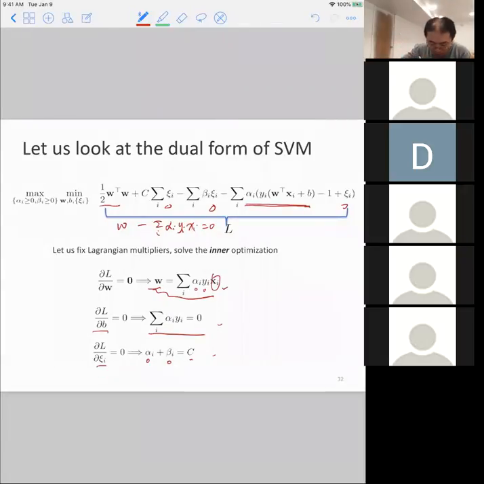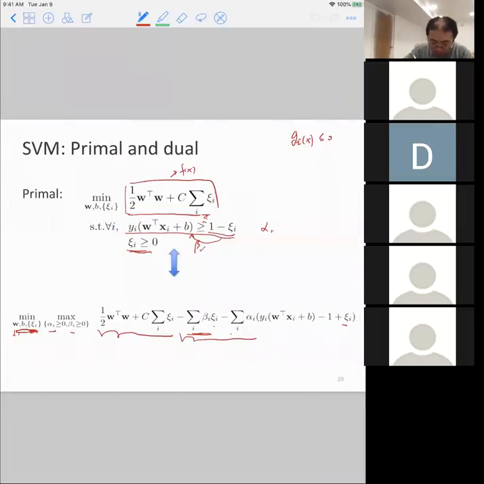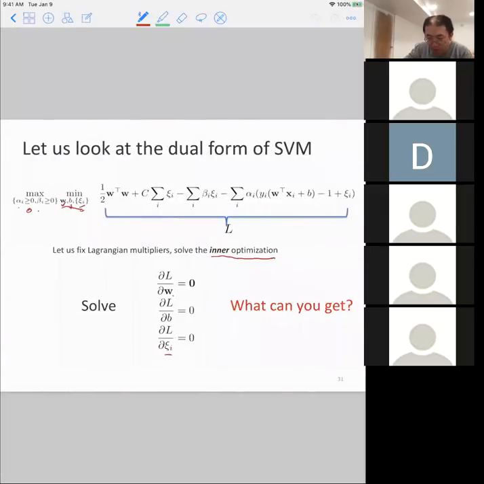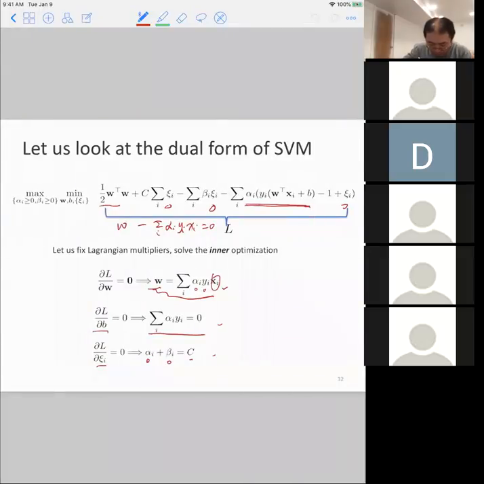So alpha i is the Lagrange multiplier for the constraint for the functional margin, right? Beta i is the multiplier for the constraint on ξi itself. Right? So when we solve the inner optimization problem in the dual form, we conclude that alpha i plus beta i must be C.